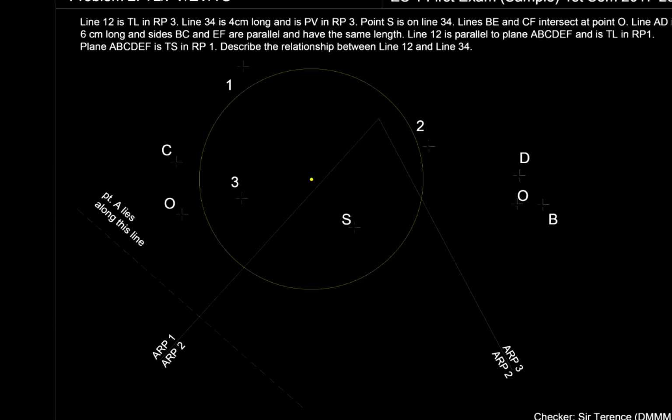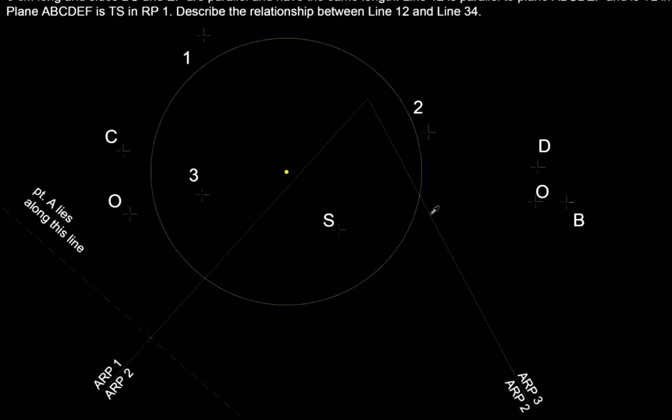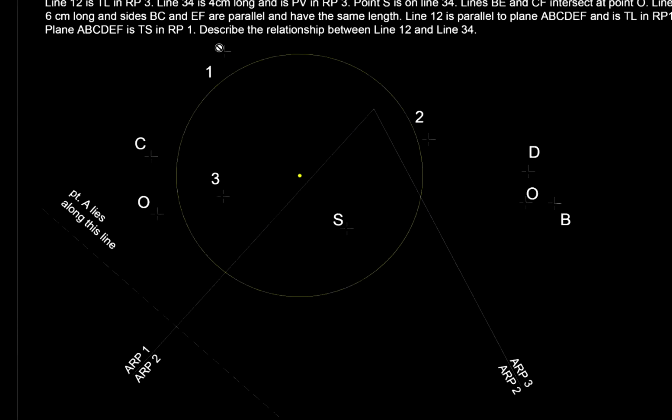Okay. So, let's begin with sabi dito line 1, 2 is true length in RP3 or that's ARP3. So, let's find 1, 2. Okay? First is we have 1, tapos meron tayong point 1 dito sa ARP1, tapos may point 2 sa ARP3.